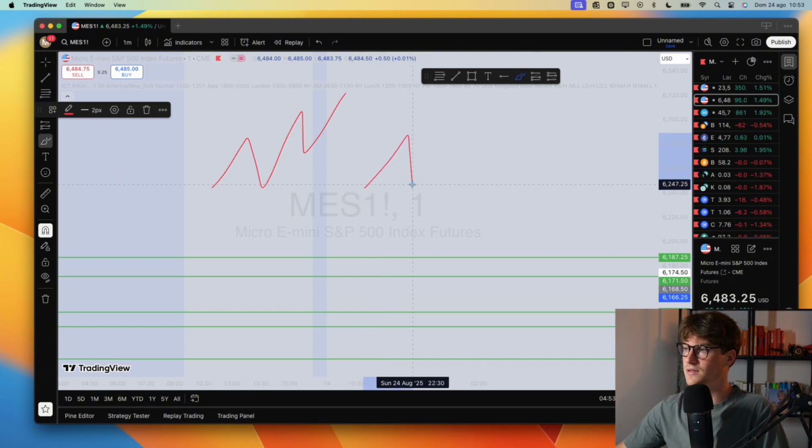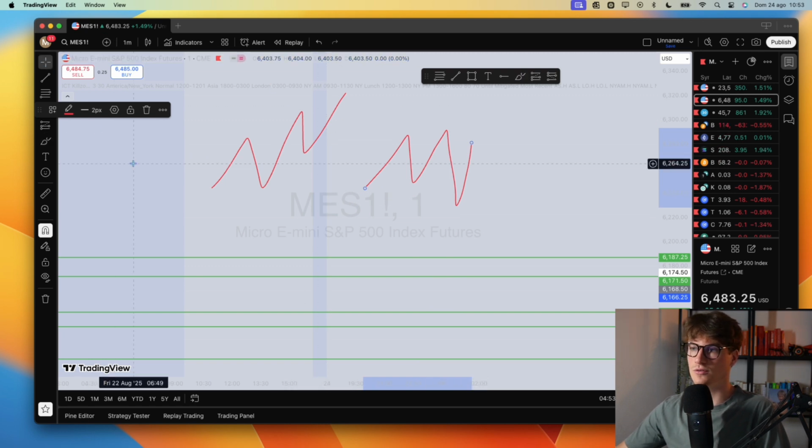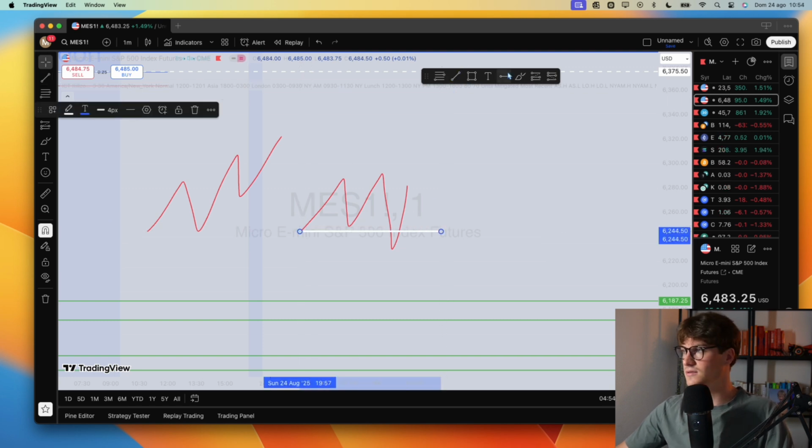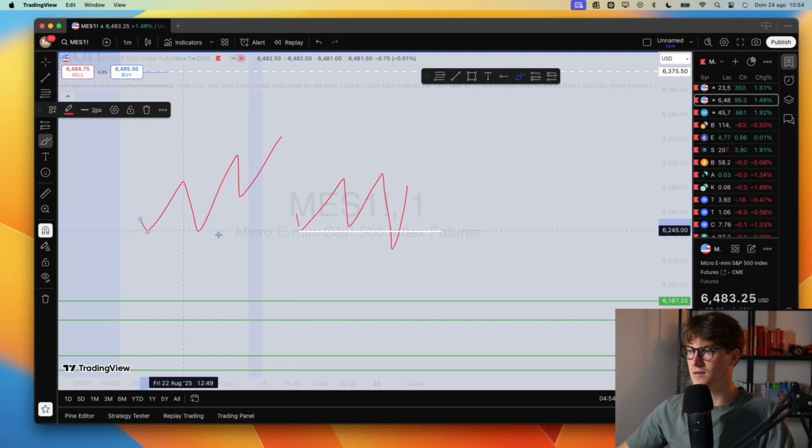Maybe ES does this. So what's the difference between those movements? In this case, ES takes this low. In this case, ES takes this low here. Let's say here we didn't touch it.